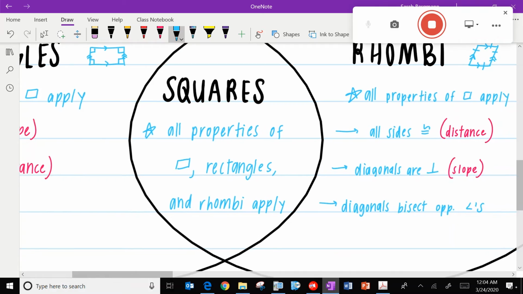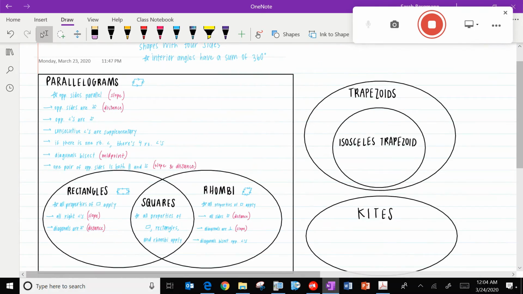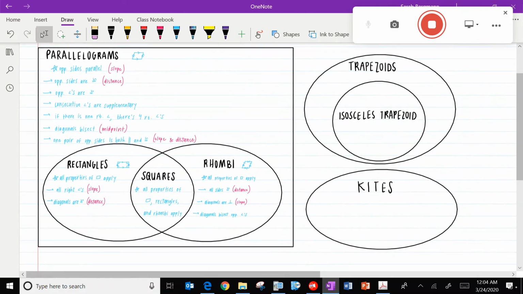So all of these properties that we've listed, all of these apply for squares.